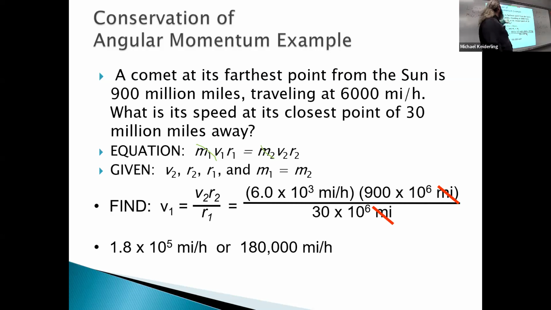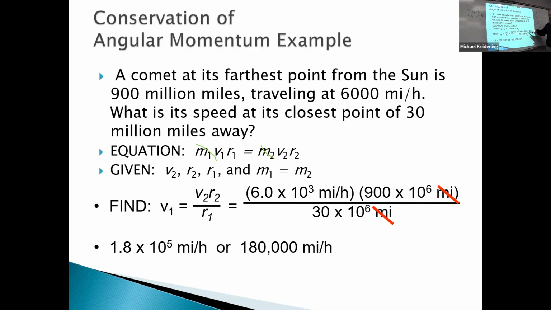So velocity 2 is our initial velocity at the far point. That's 6,000 miles per hour, so that's 6 times 10 to the third miles per hour. 900 million miles is 900 times 10 to the 6 miles, divided by 30 million miles, so that's 30 times 10 to the 6 miles.